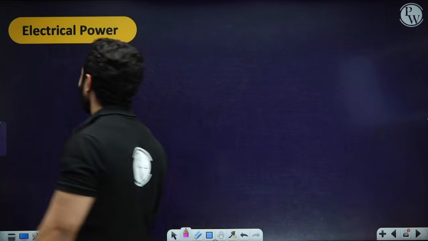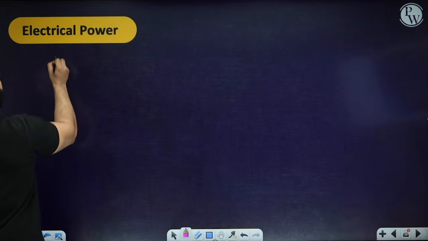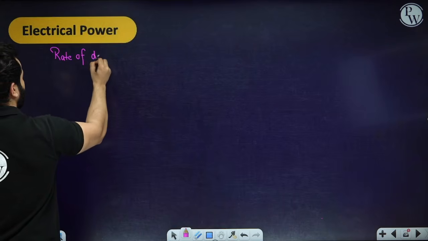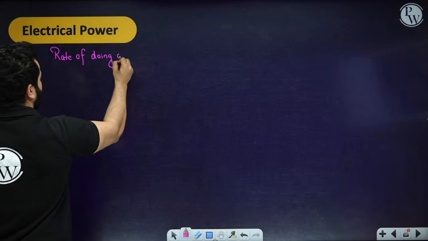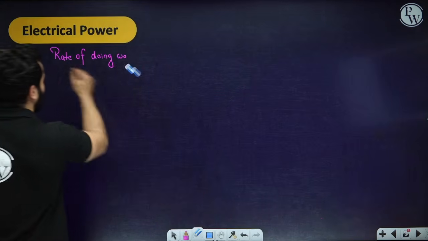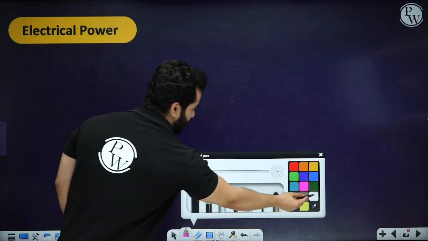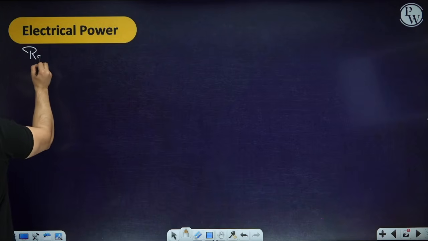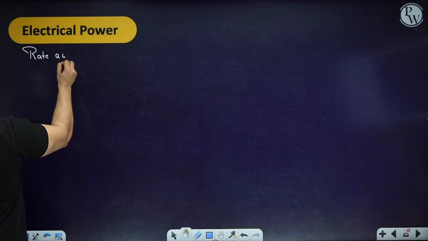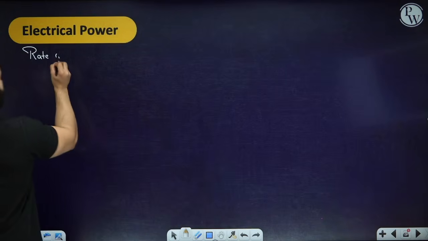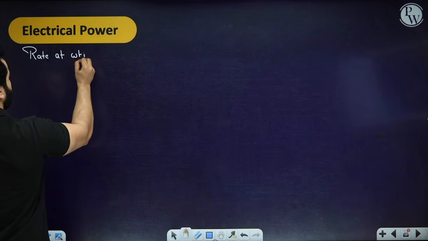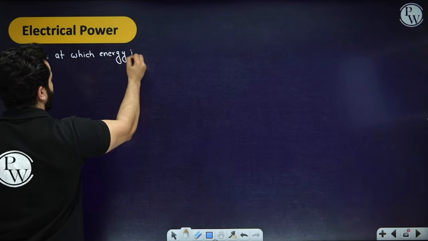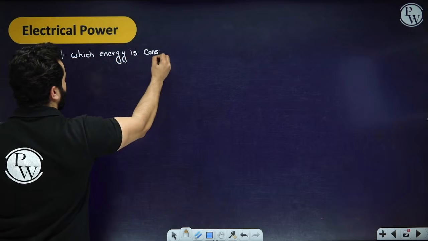Electrical power. Any power is actually the rate at which work is done. Rate of doing work. But because we have to define it in terms of current electricity, we will define it as the rate at which energy is consumed or produced.